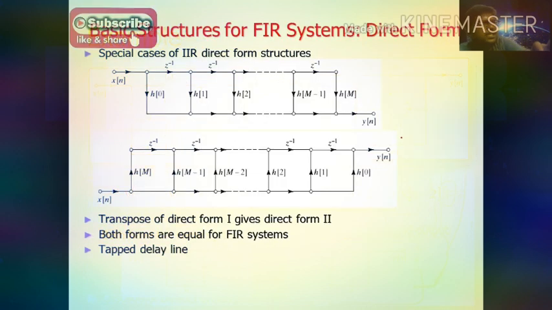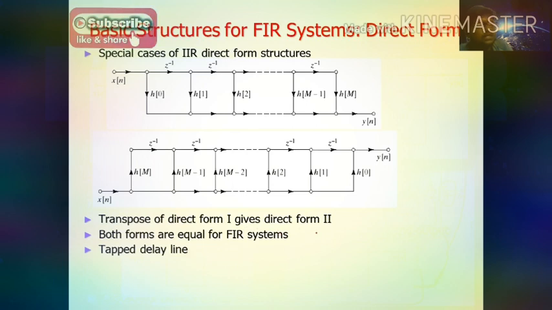Next, the basic structure for FIR system, direct form 1. This transposed structure also applies to FIR, but direct form 1, direct form 2, cascade and parallel all come under IIR structures. So this is the direct form 2 structure. It consists of the transpose of direct form 1, which gives direct form 2. Both forms are equal for FIR systems because there is no split into direct form 1 and direct form 2 here.